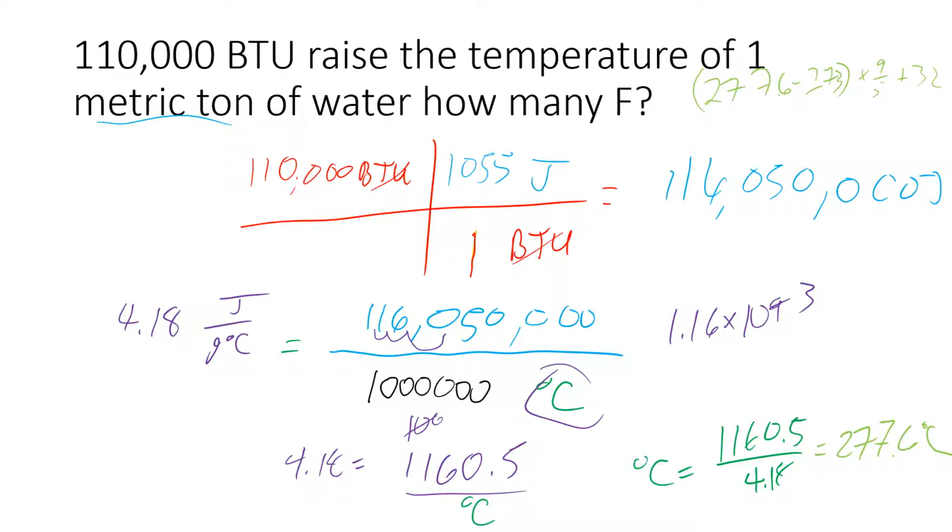So it's the difference between one thing and another. So you're going from, for example, 0 Celsius, which is 32 Fahrenheit. So you're going from 32 Fahrenheit, and then you're going up to 277. So the stupid, I haven't figured this out yet.